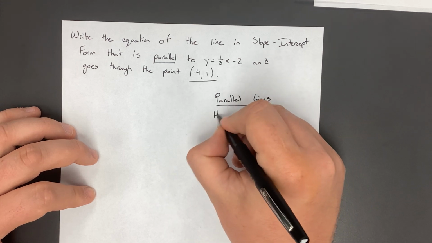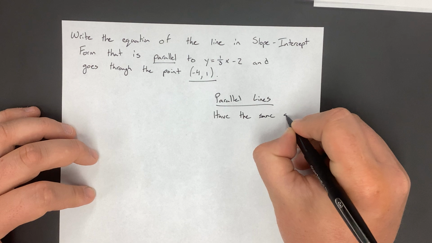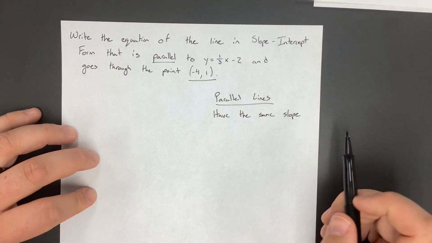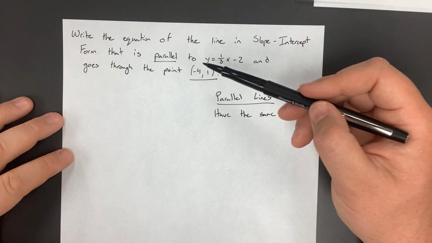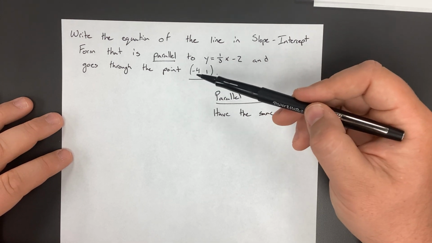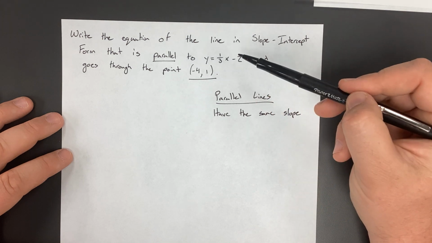So our rule with parallel lines is they have the same slope. I know the equation of the line through this point has to have the same slope as this line because it has to be parallel to this.